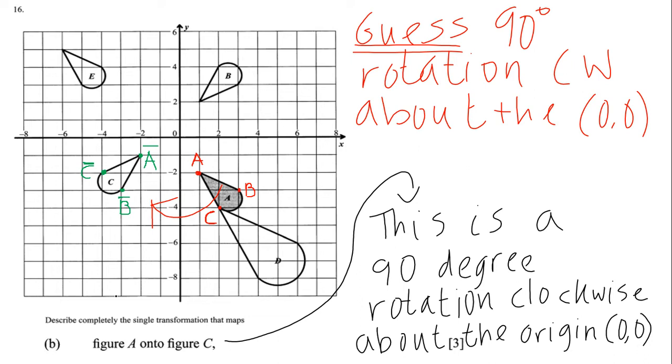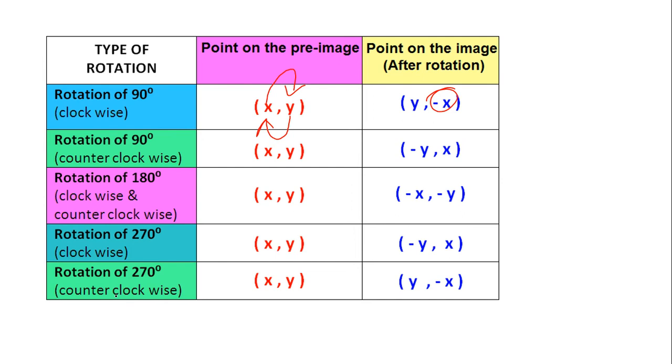So my guess would be a 270-degree rotation counterclockwise. And look at this, it's the same thing. So we could say a rotation of 270 degrees counterclockwise about the origin, or a 90-degree rotation clockwise about the origin. Both of them are the same thing.